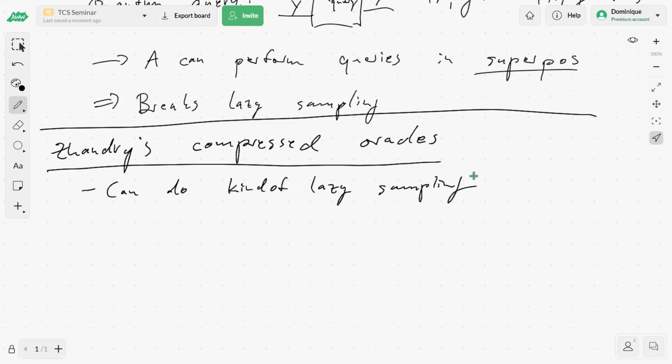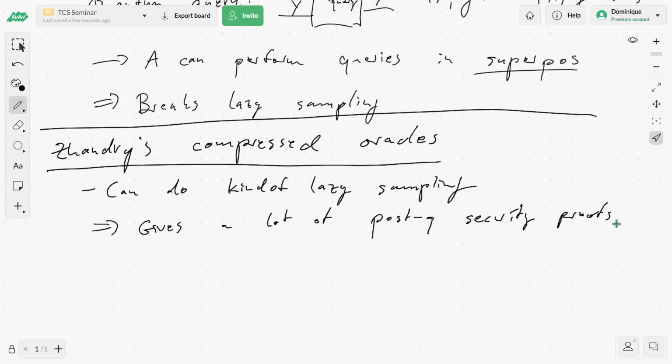It is more complicated than lazy sampling in the classical world. I mean, almost everything is more complicated in the quantum world. But it gives a lot of post-quantum security proofs that we can do now and that we weren't able to do earlier.